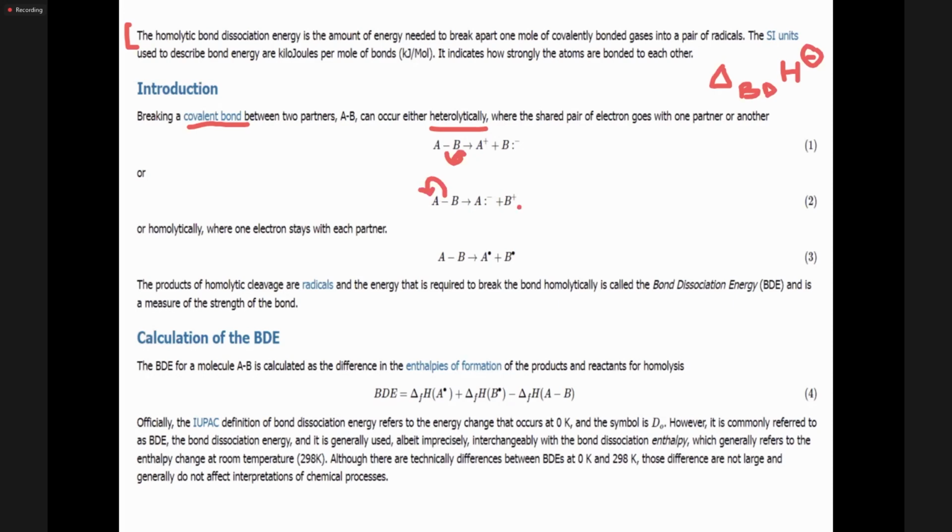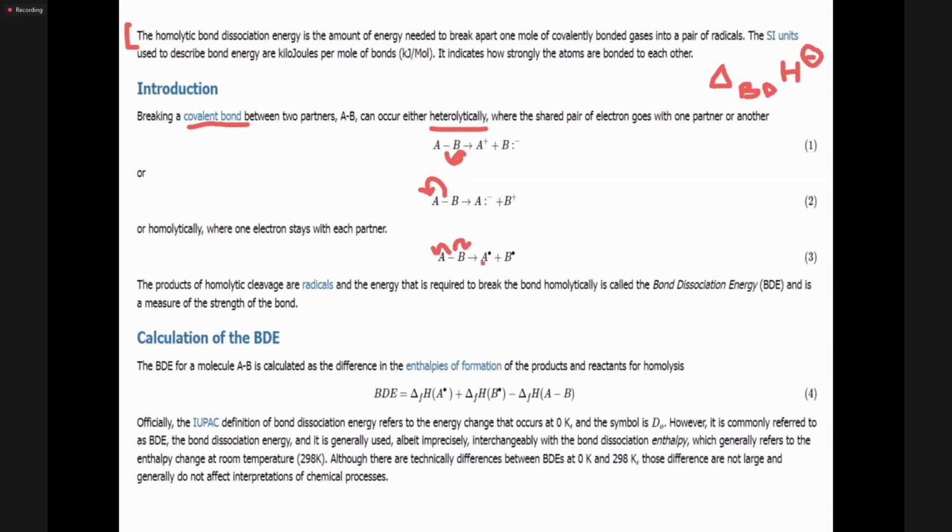If we take up the homolytic bond cleavage scenario, one electron will be shared by each of the partners. Here we have A and B. If one electron from the bond pair is taken by A and another electron is taken by B, then it will be two radicals, A dot and B dot, that means A radical and B radical.